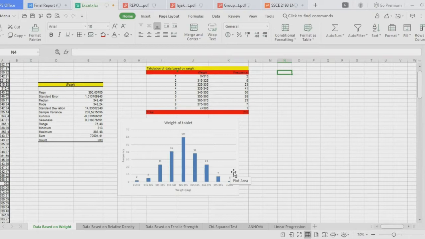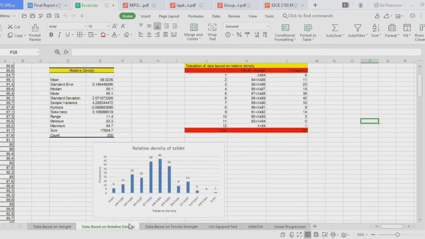Generally, the weight of tablet approximately follows a normal distribution, as the shape of the column chart is similar to a normal distribution curve. A goodness of fit test will be carried out to test this statement. The weight of tablet has a mean of 350 milligram and a standard deviation of 14.37 milligram.